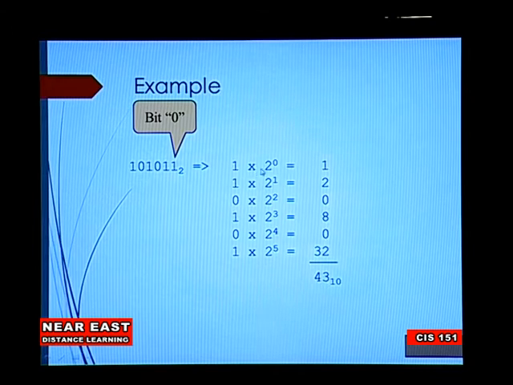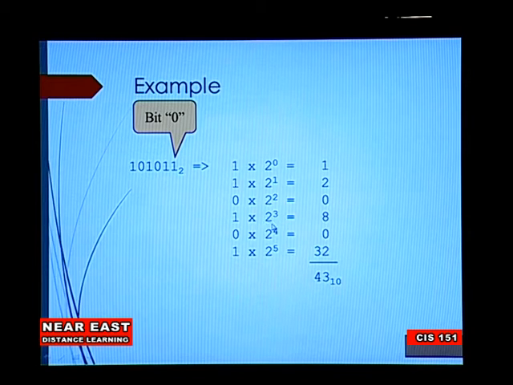This time, we multiply by the base 2, which is binary. And we write the weight. The weight is 0, 1, 2, 3, 4, 5. And now we just do the multiplication, which here is equal to 1. Again, here it is equal to 0 because it's multiplied by 0.